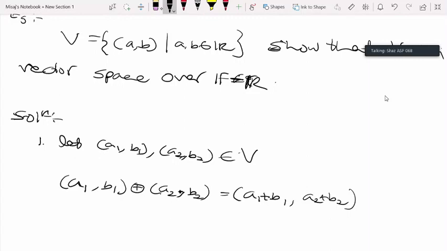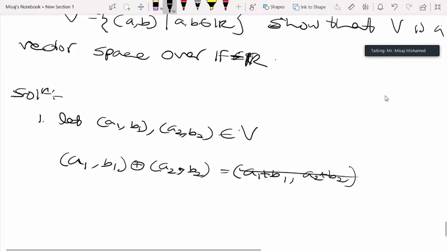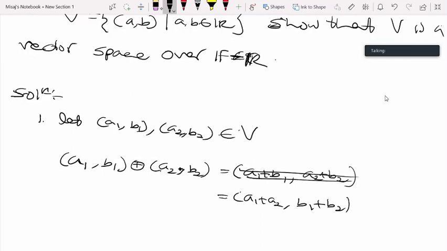No, sir, we have to add corresponding elements. Yes, I have to add corresponding elements. A1 plus A2, B1 plus B2. Now it is correct.